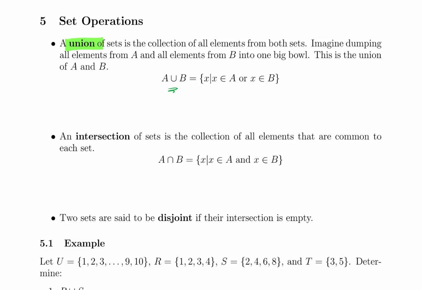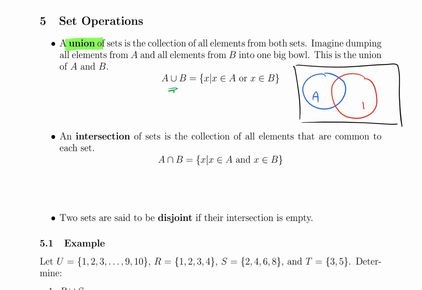So let's think of our sets A and B within the larger universal set, like we did before. So let's say here's A will be the blue, and let's let B be the red.